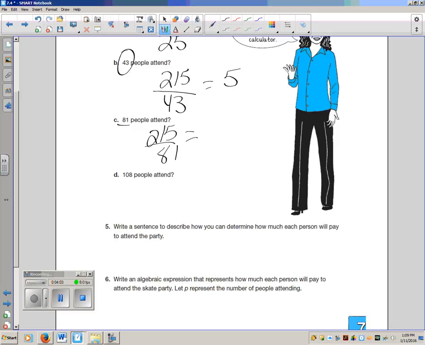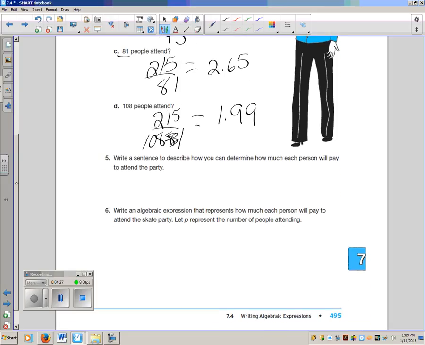Seriously, pick up your calculator and solve it. You should get $2.65. D would be 215 divided by, if I wrote the right number, 108. It goes down to $1.99 per person.